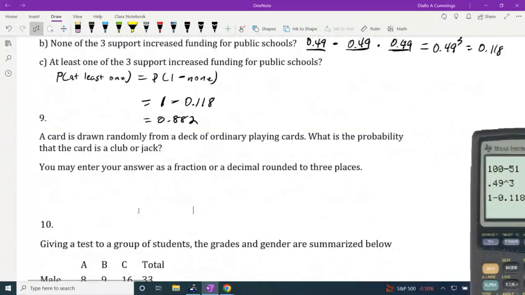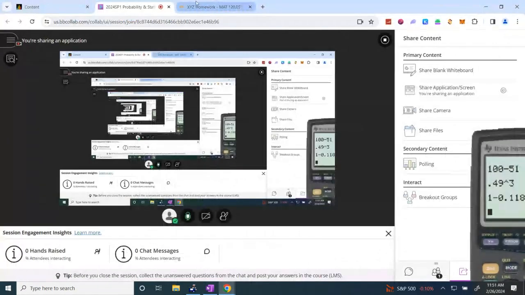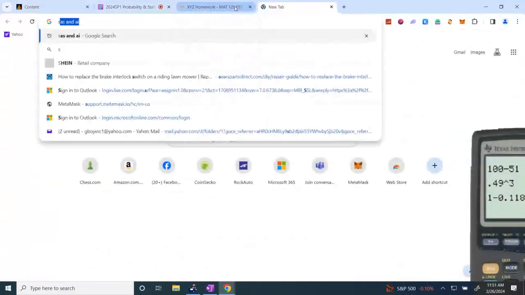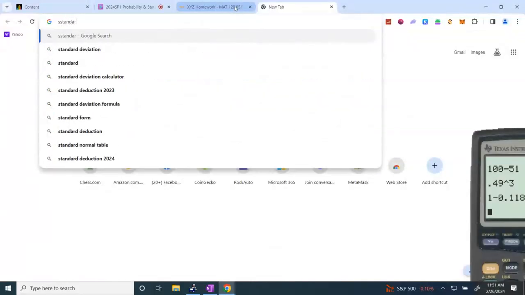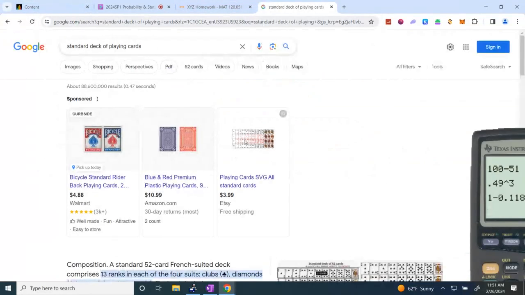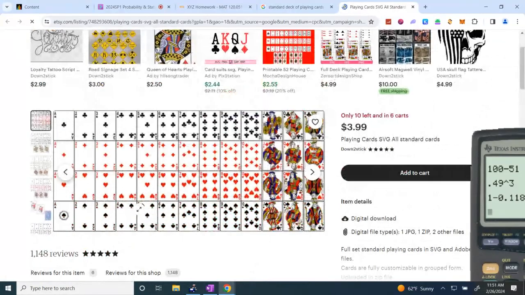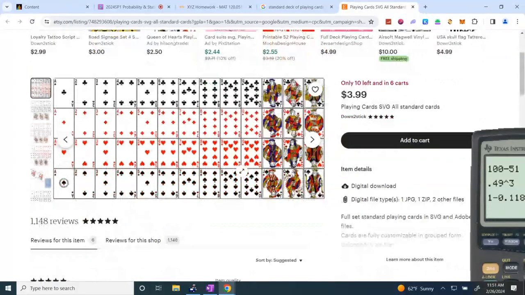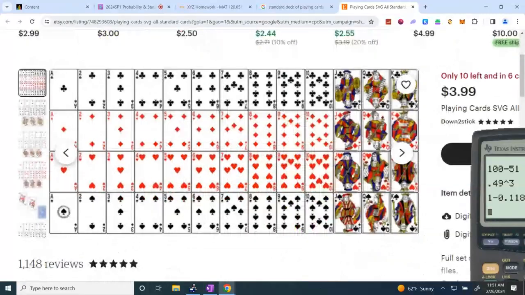But if I go back down, not everybody's familiar with cards, so just to explain, a standard deck of cards has 52 cards in it, right?